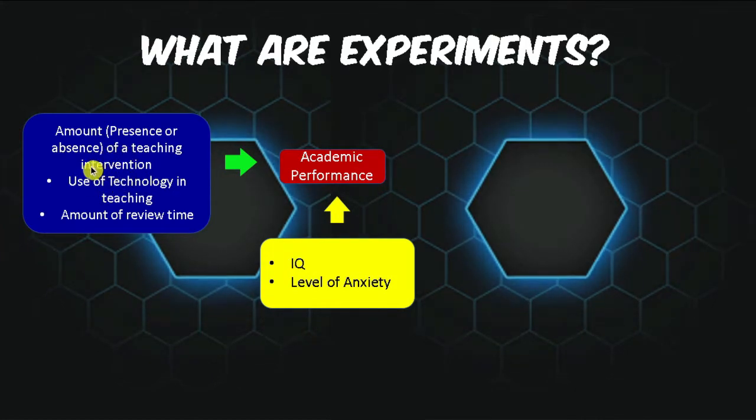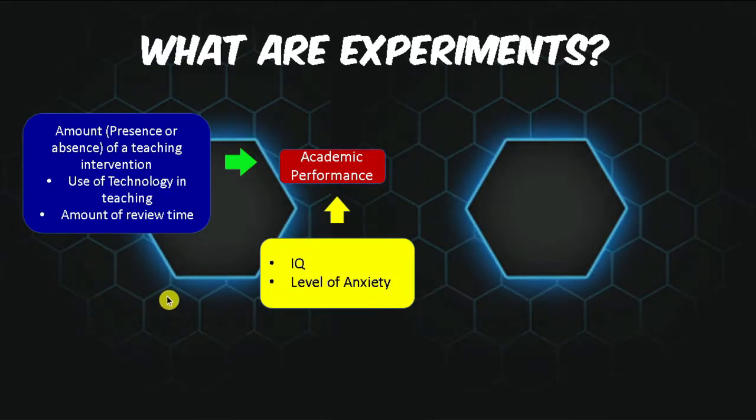So I'm going to manipulate this independent variable. Perhaps for some students, they will not receive this technology. For other students, they will be exposed to this technology, and then we compare their performance to see if there's a difference, if we can see evidence that this is indeed an effective intervention.